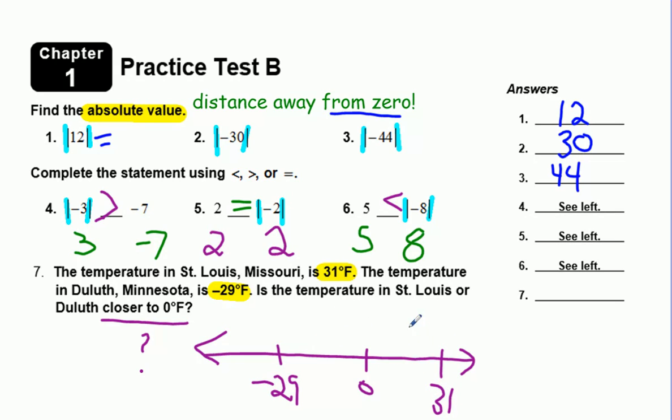Now, I didn't draw it very well to be able to see which one's closer, but based on what you know about absolute value, which one is closer to 0? How far is negative 29 from 0? It's 29 spaces away. And how far away is 31 from 0? That's 31 spaces away.